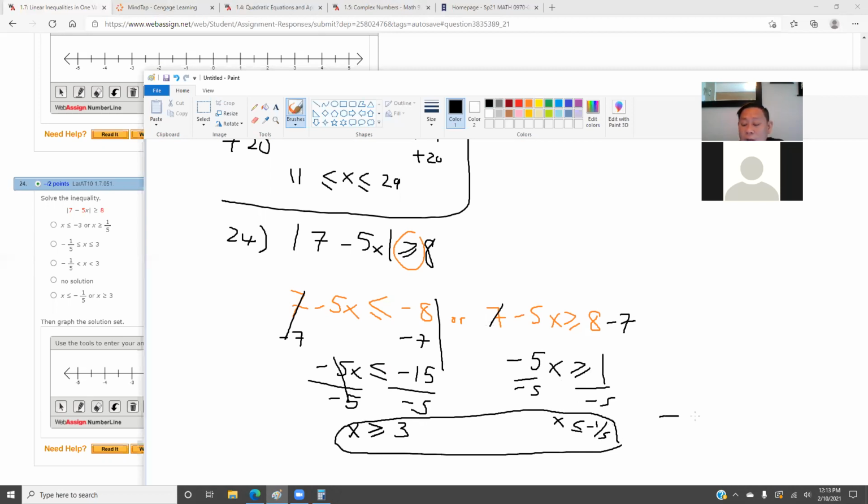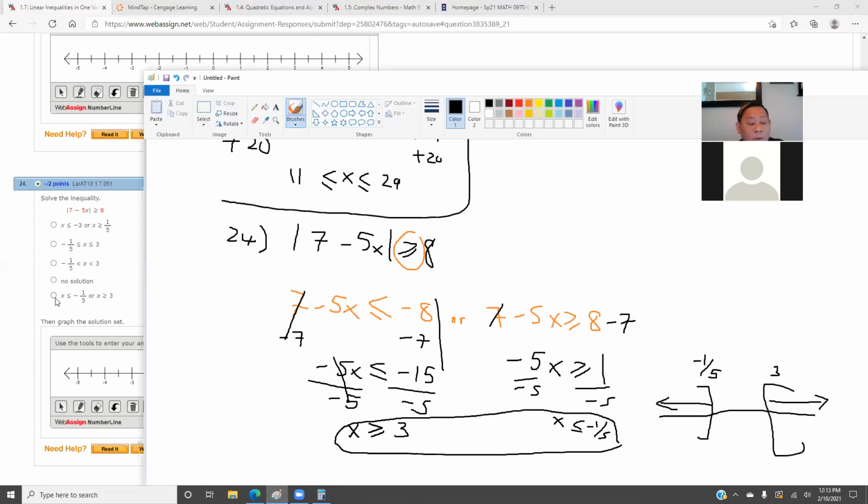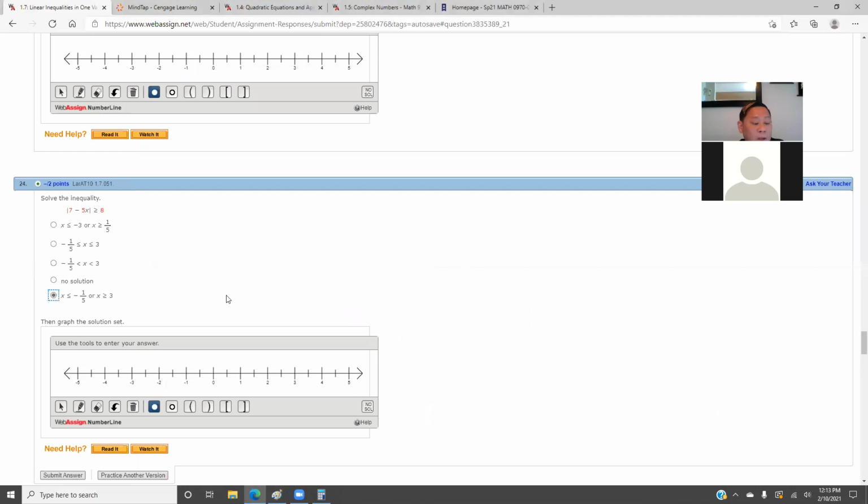When you draw the graph, this will go left at -1/5, and this will go right on 3. So which one is your answer in this case? It looks like the last one here: x is less than or equal to -1/5, or x is greater than or equal to 3.